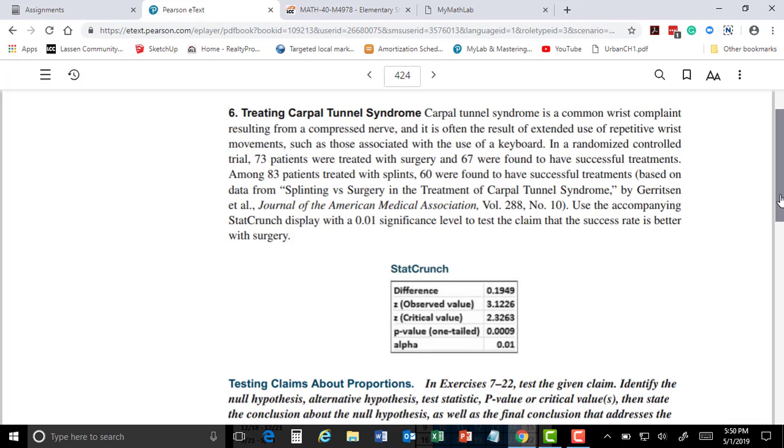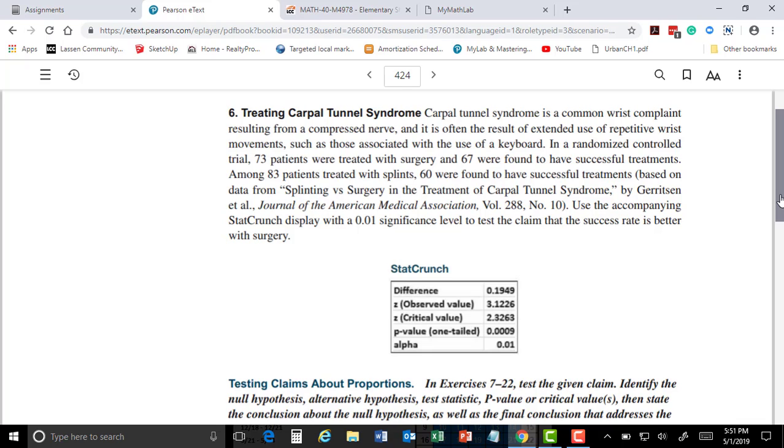It says, okay, a randomized control: 73 patients were treated with surgery, right? And 67 were found to have successful treatments. Then 83 were treated with splints. You know a splint? It's like to hold the bone in place or whatever.